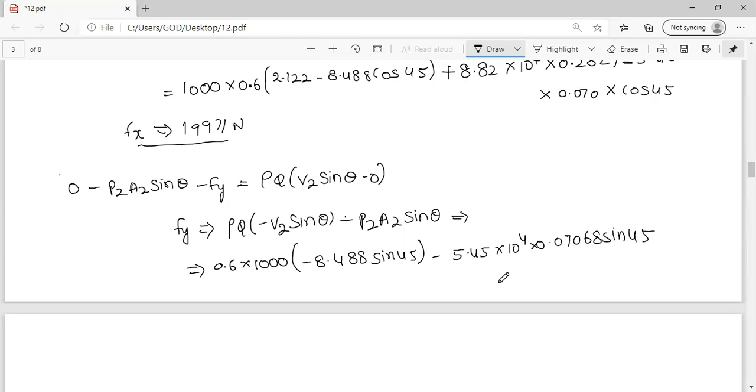If you solve this in the calculator, you'll get the force along y as minus 6322.2 newtons.